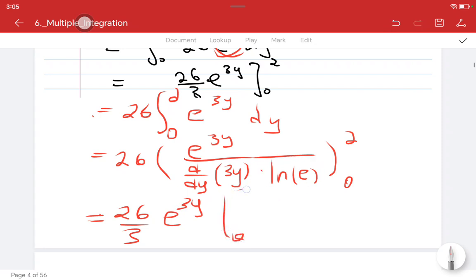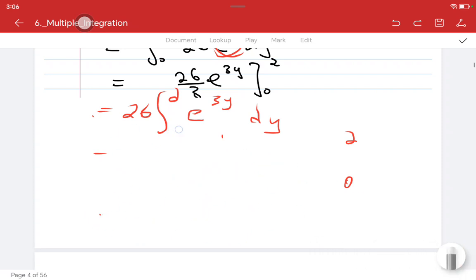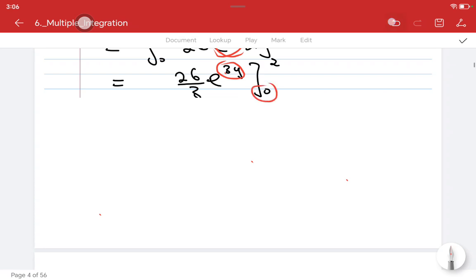Then this will be from 0 to 2, which is this. If we know how to integrate, these ones will be simple. Here we're just going to substitute 2 and also 0. So this will be 26 over 3 e to the, if I substitute 2 there, I get 6, minus 26 over 3 e to the 0, which will be 1.